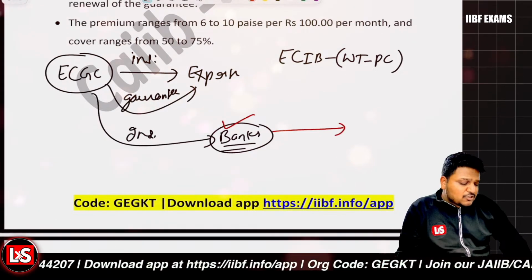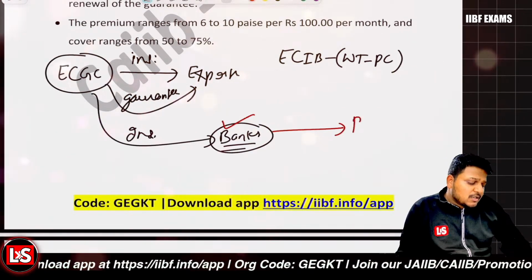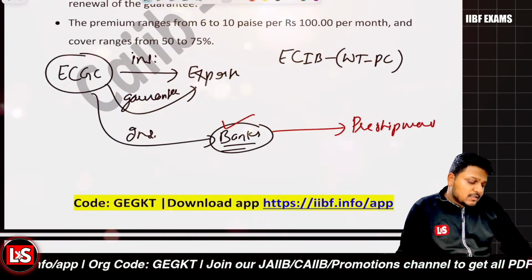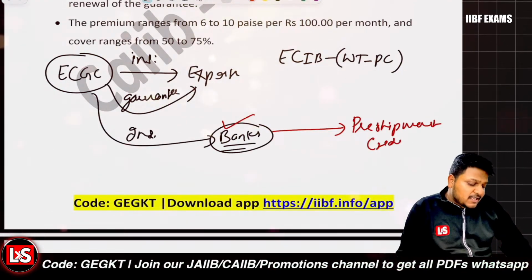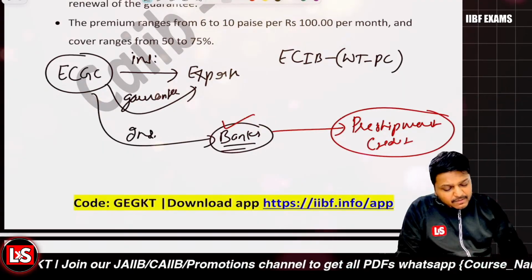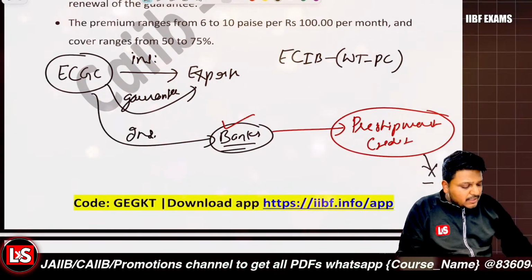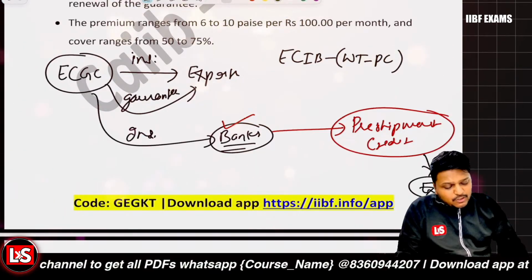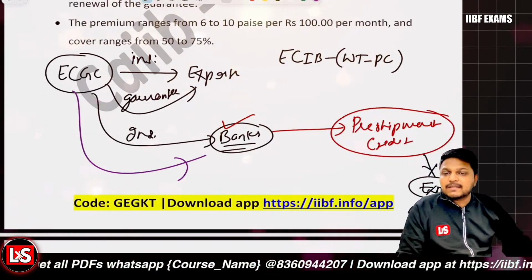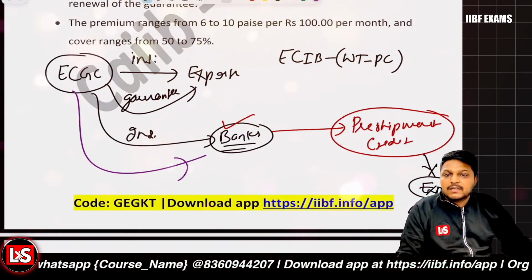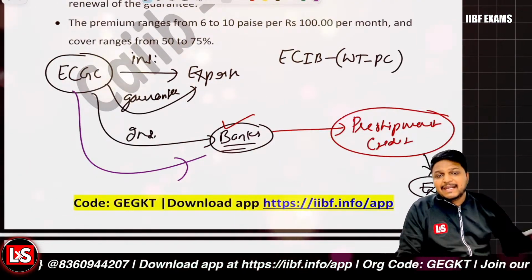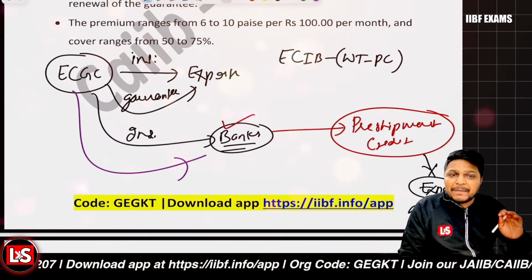The bank has sanctioned the pre-shipment credit, the packing credit, and let's say the exporter defaults. In that scenario, ECGC is going to compensate the banks.